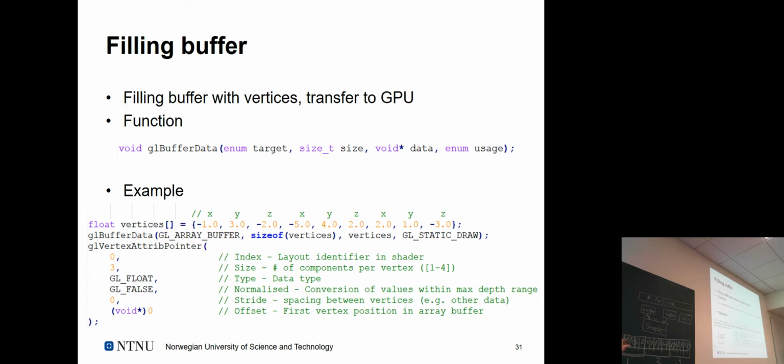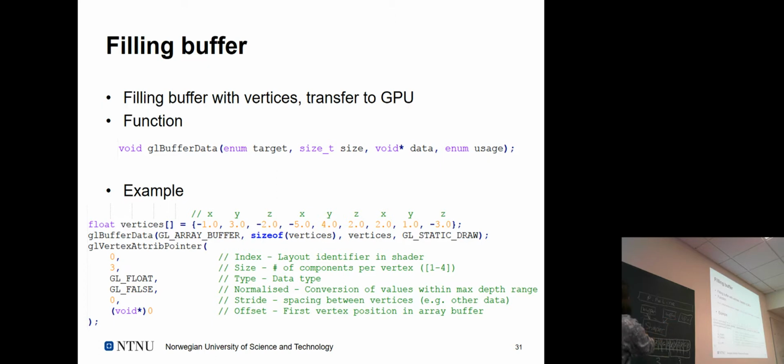We want to define 3 vertices and we have 6 elements, x, y, z, RGB, x, y, z, RGB, and so on. Now we want to pass just the coordinates to the shader and we don't care for color in this particular case. How should the machine know which elements it should read? We should indicate that, okay, after reading 3 elements for this particular vertex, skip so many bytes to start reading the next vertex.